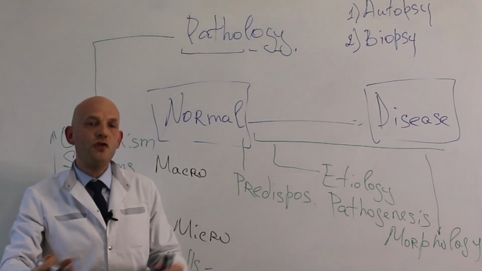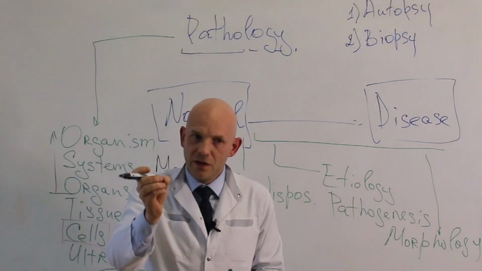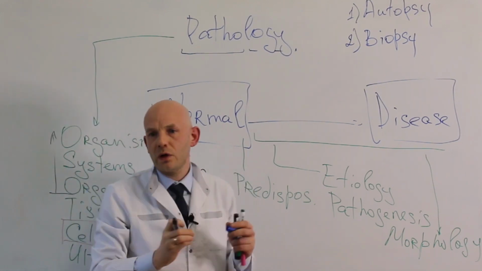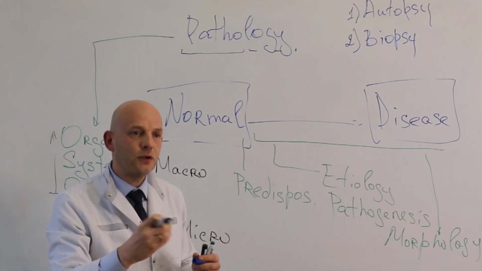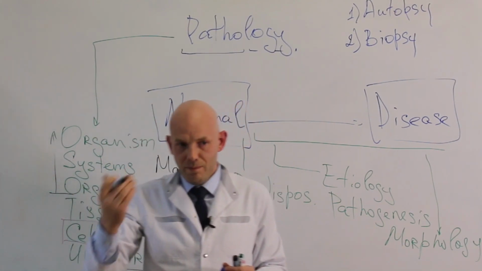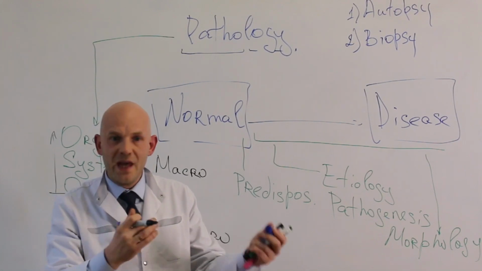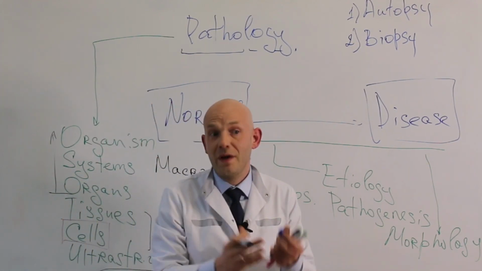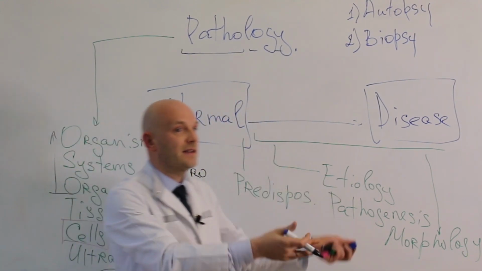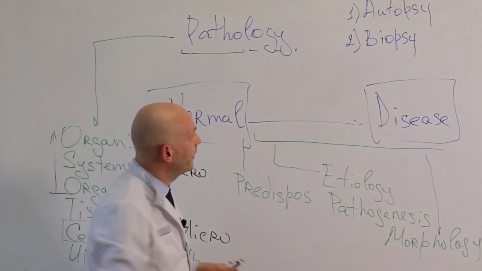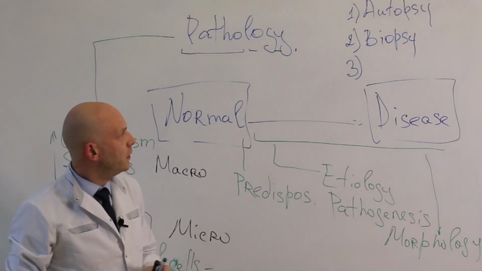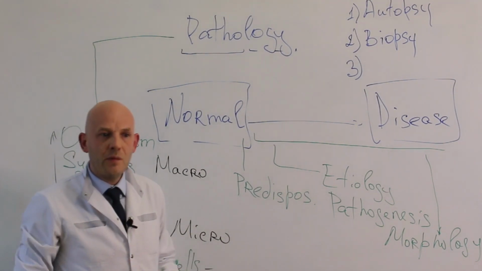Biopsy means investigation during the life of the patient, taking some small piece of the tissue or part of the organ or even separate cells to investigate them, to diagnose the condition, and maybe to adjust the management of this patient, to see the prognosis, to see whether the treatment is successful or not.